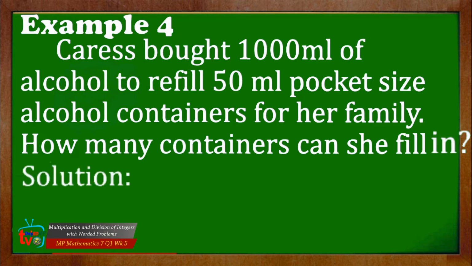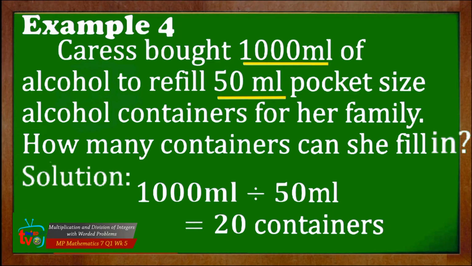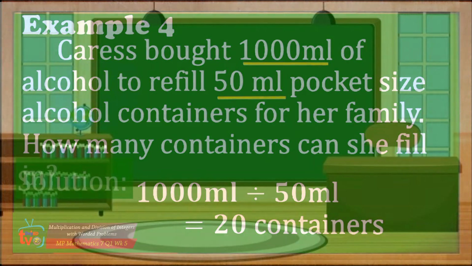To solve for it, divide the alcohol bought by Caress with the pocket-sized alcohol containers. So if we divide 1,000 ml by 50 ml, that is 20 containers. Therefore, Caress can fill in 20 containers.